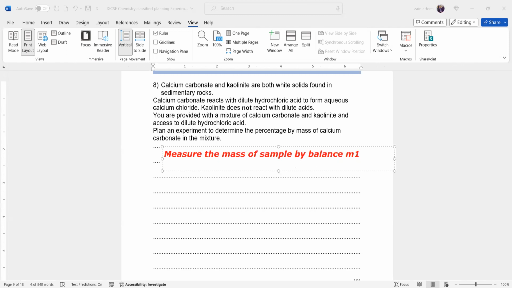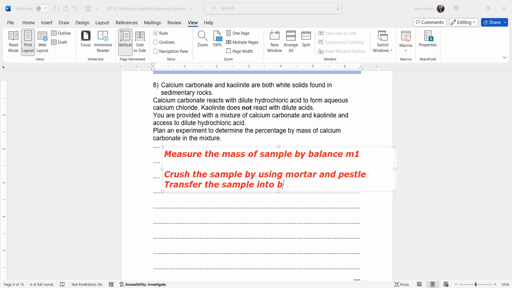After measuring the mass, what will we do? We can crush the sample using what? Mortar and pestle. After crushing the sample using a mortar and pestle, transfer it into a beaker. And how can we transfer? By spatula.